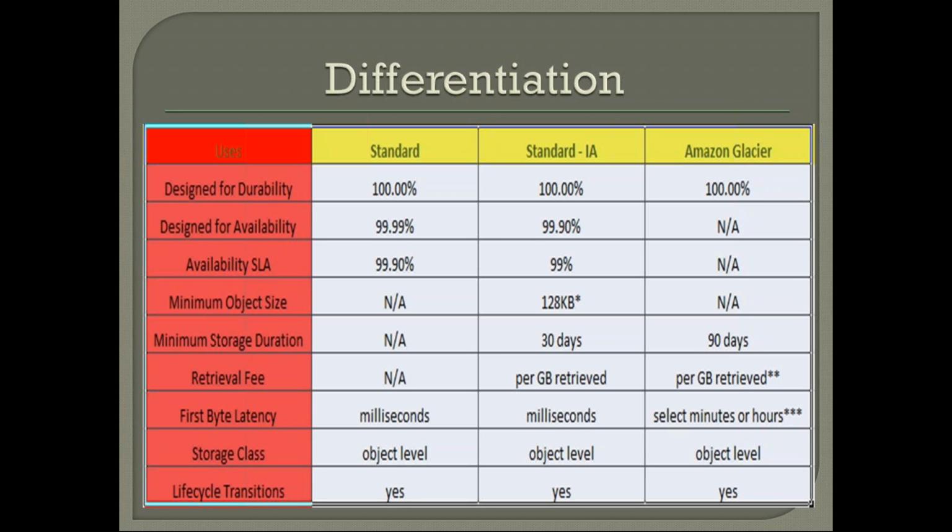So data of 90 days can be stored in Amazon Glacier, and 30 days data can be stored in standard infrequently accessed S3, and for standard it is not applicable.